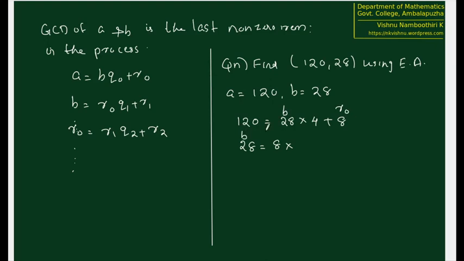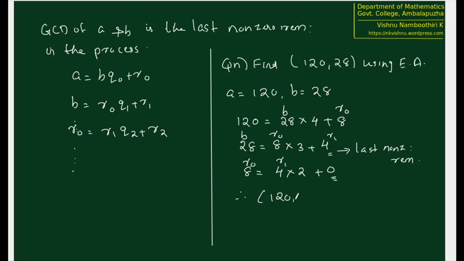Now we take B equal to R naught into what is remaining. So 8 into 3 plus 4, this is R1. So now we write 8 equal to R1, 4, into 2 plus 0. So this remainder is 0, therefore this is the last non-zero remainder. The last non-zero remainder is 4. So the GCD of 120 and 28 is equal to 4.